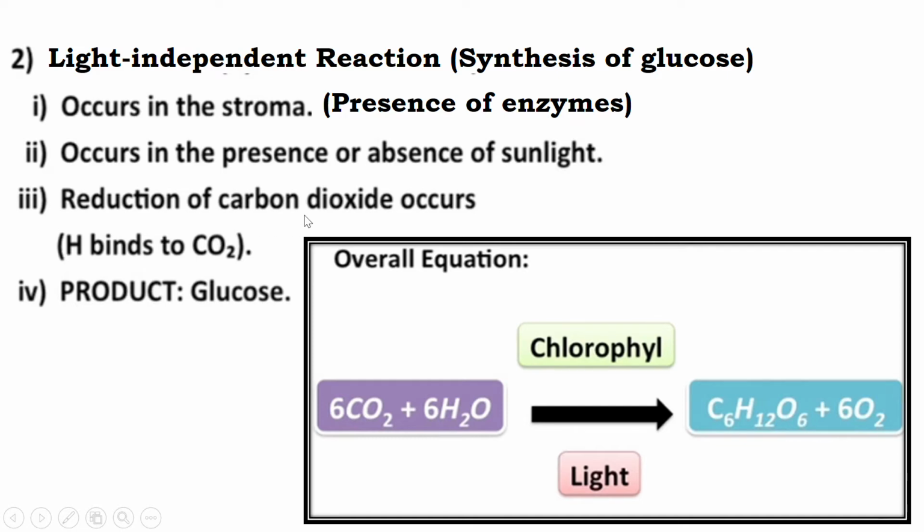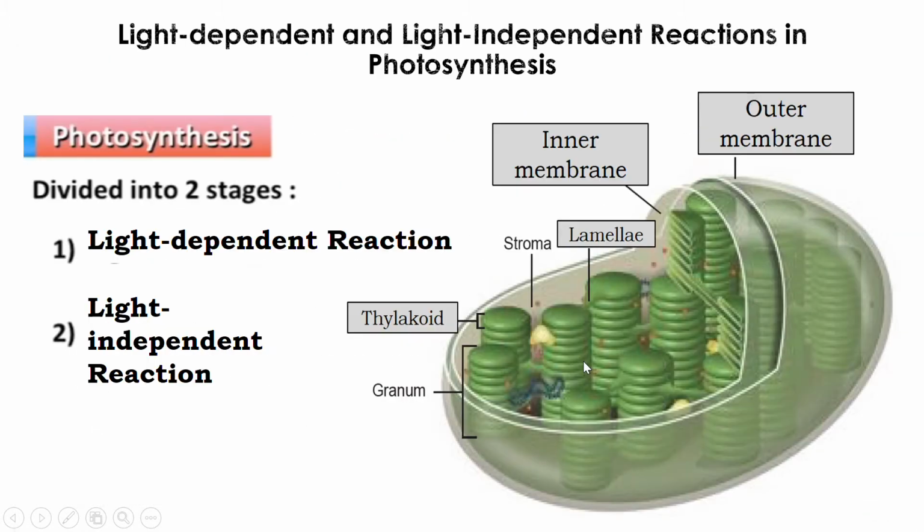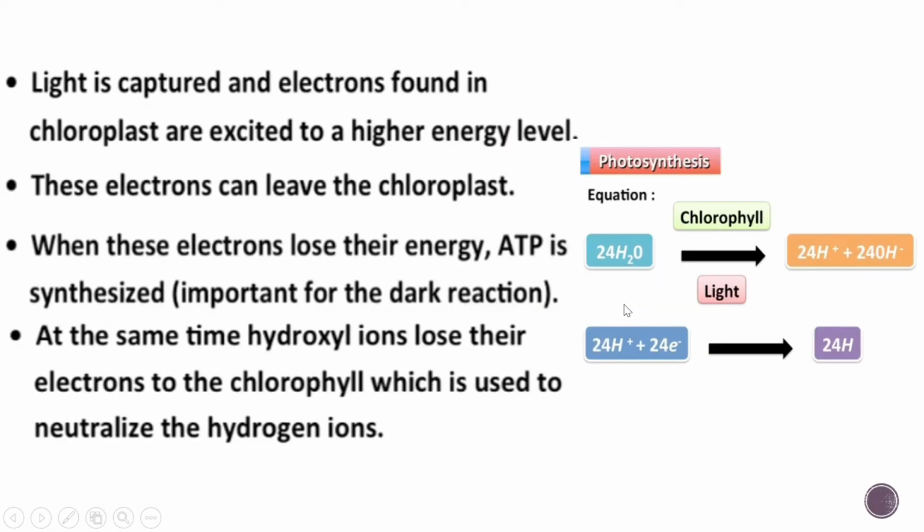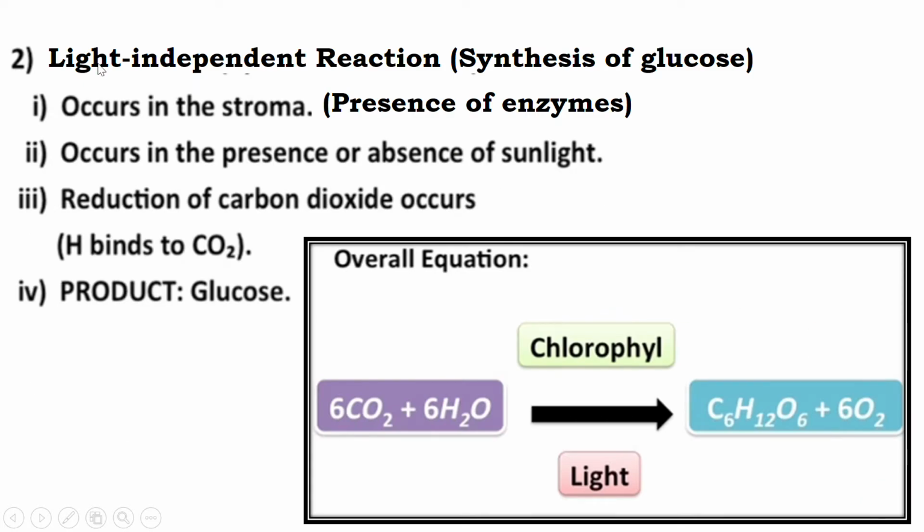Okay, so this is what happens in the light-independent reaction. It takes place in the stroma, no longer in the thylakoid. The stroma has many enzymes needed in the process of photosynthesis. Okay, so this is the light-independent reaction.